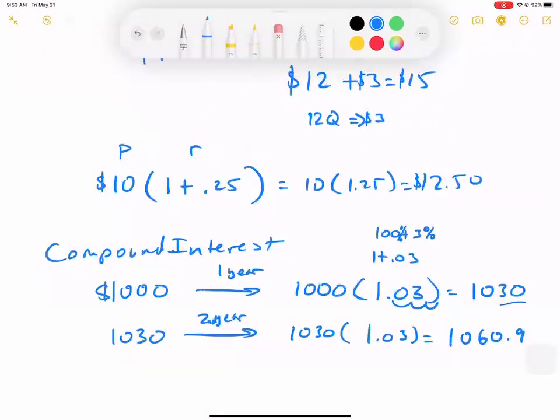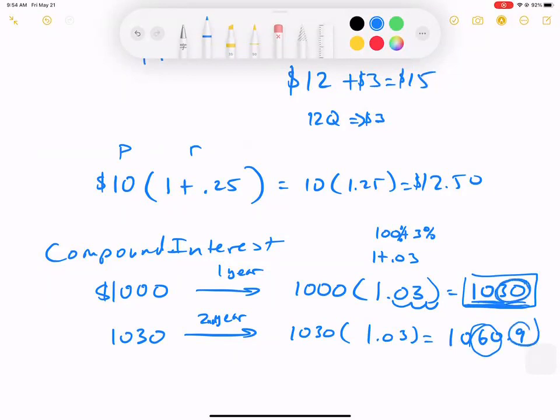Now, I want you guys to notice what happened here. I took my last year's gain and I reinvested it. So just to show you what happened, I'm going to make interest on $1,000, and for $1,000, don't we make $30? And then we made interest off the $30, and we made 90 cents off it. Yay, 90 cents.